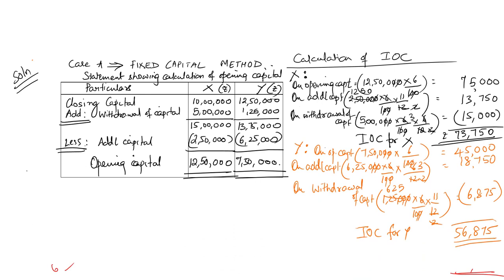First we calculated the opening capital for both of them, and then we went ahead and calculated the interest on capital for X and Y, on the opening capital for the full year, on the additional capital at 8% for the period it remains in business, and we deducted the interest on the capital withdrawn from the date of the withdrawal of capital till the end of the accounting period.